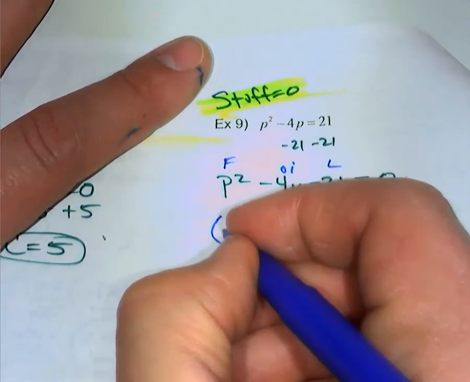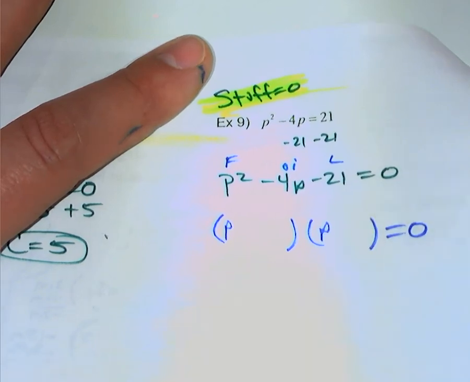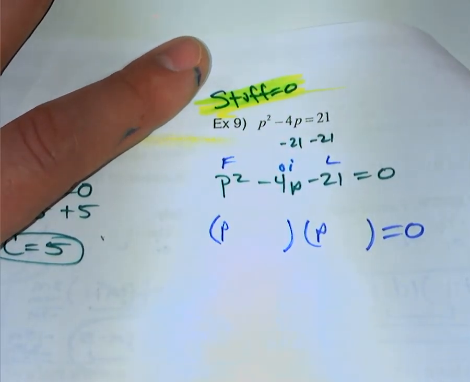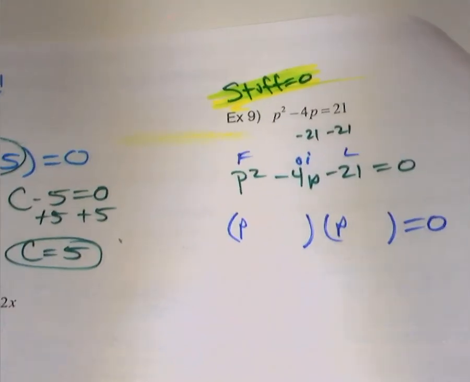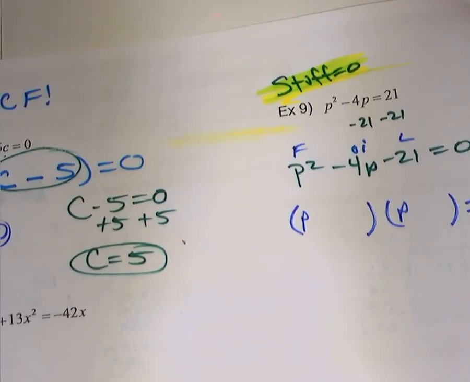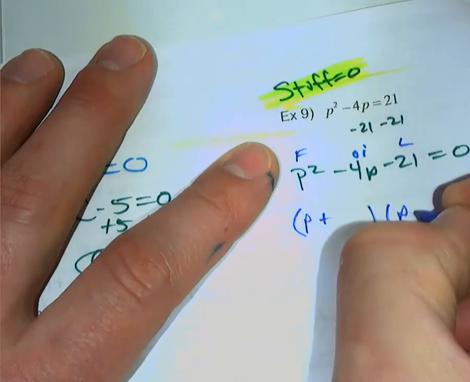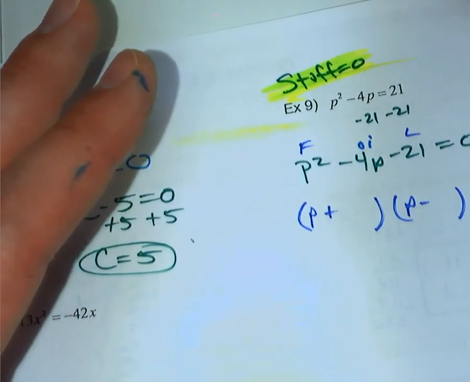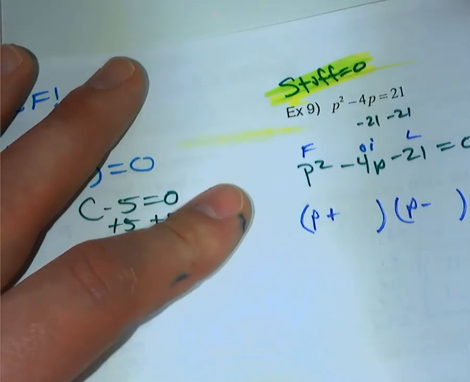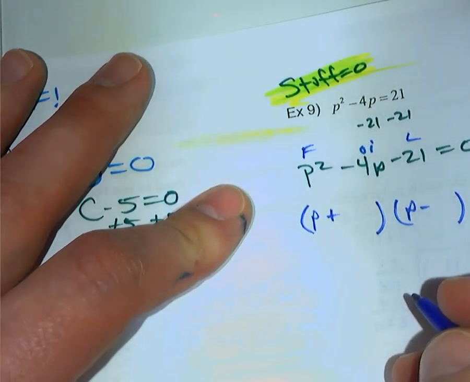Factors of P squared, P and P. What are factors of negative 21 that add up to negative 4? One's a plus and one's a minus. Who's positive? Who's negative? Who's got it? 7 and 3. Who's positive? Who's negative?